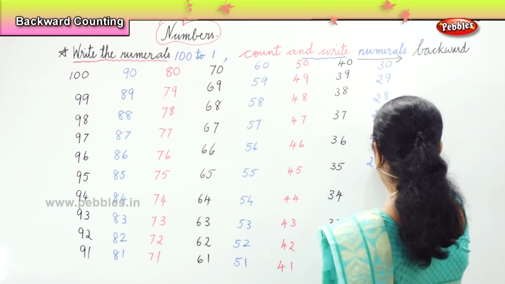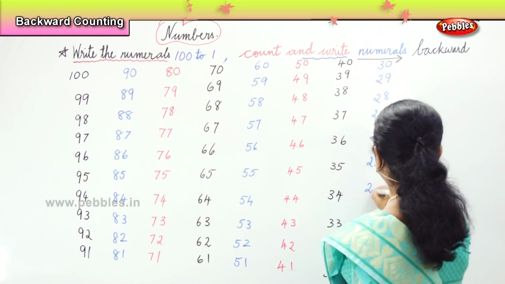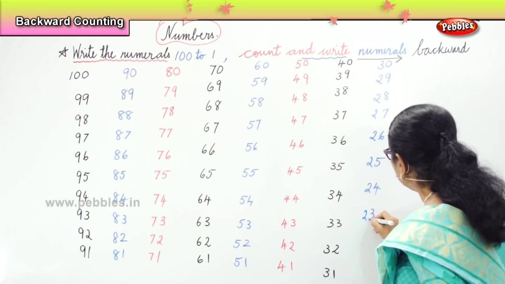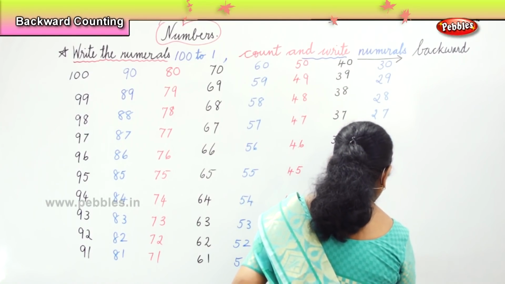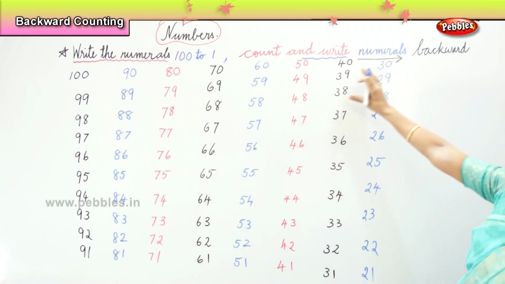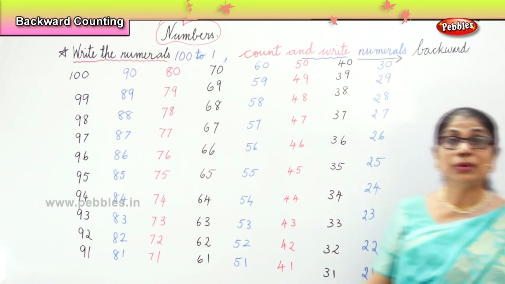One less. 25. One less. 24. One less. 23. One less. 22. And finally you get 21. We learn to count and write numerals backward from 100 to 21.